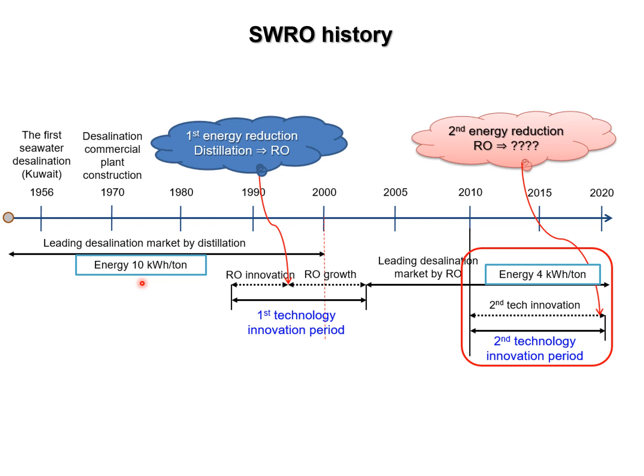It is just boiling, and then your energy consumption is almost more than double that of reverse osmosis. The first energy reduction, shifting desalination to reverse osmosis, happened from the early 1990s to 2000. So reverse osmosis membrane innovation and then growth. This is the first technology innovation period.